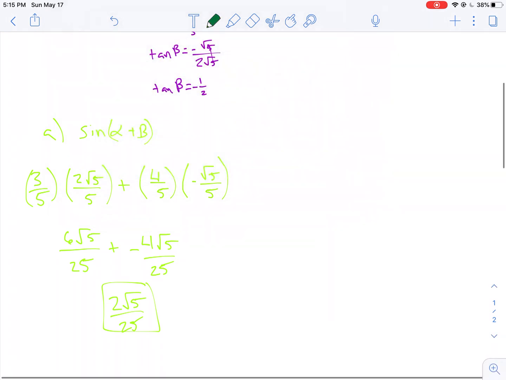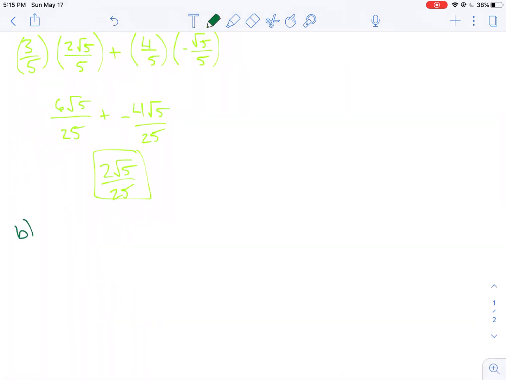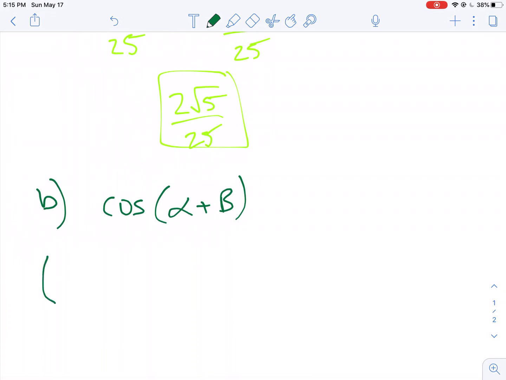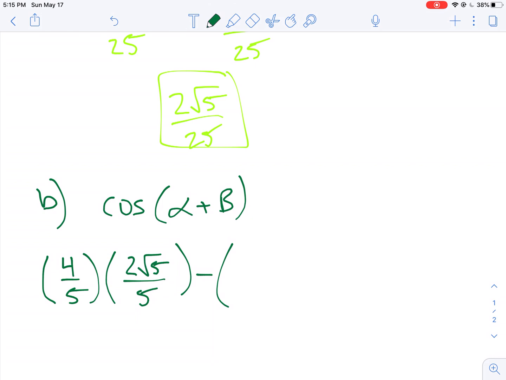For part B, I'm looking at the cosine of alpha plus beta. Cosine of alpha plus beta is the cosine of alpha times the cosine of beta minus the sine of alpha times the sine of beta. So here, I am looking at 4 over 5 times 2 root 5 over 5 minus 3 over 5 times negative root 5 over 5.